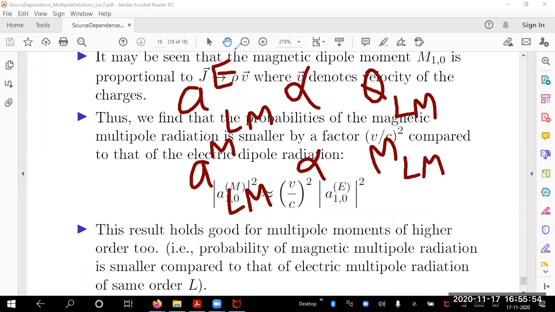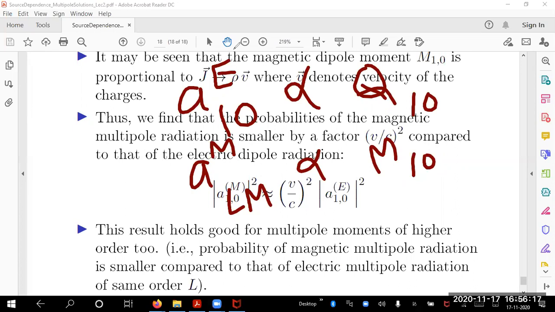For L equal to 1, M equal to 0, I have Q 1 0 and M 1 0.